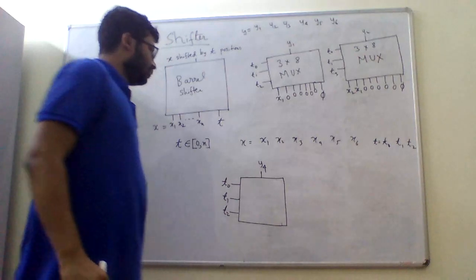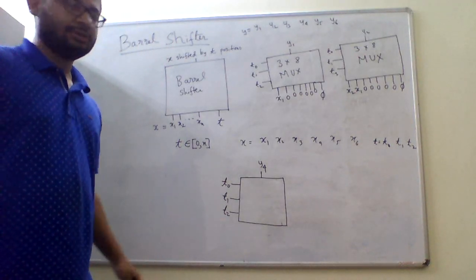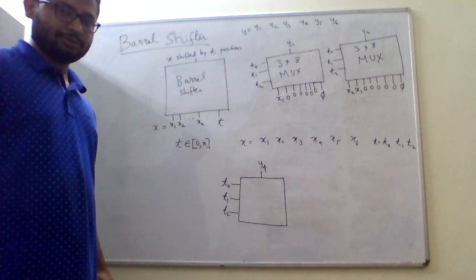So if t is 0, then no shift, y4 is equal to x4.